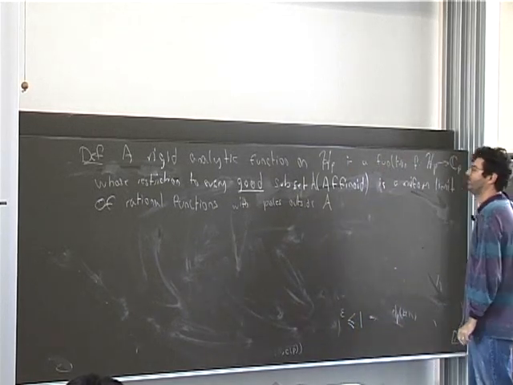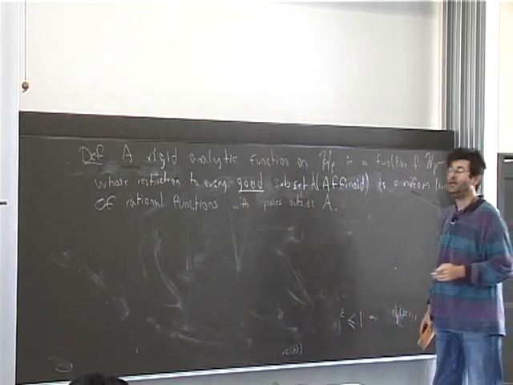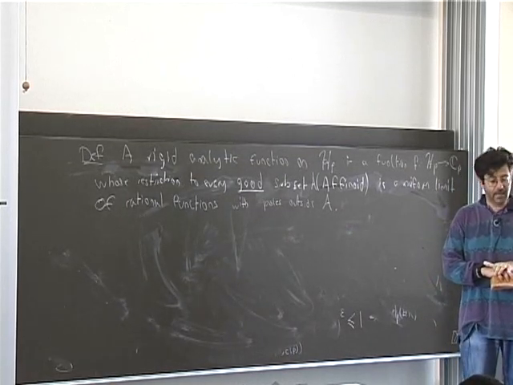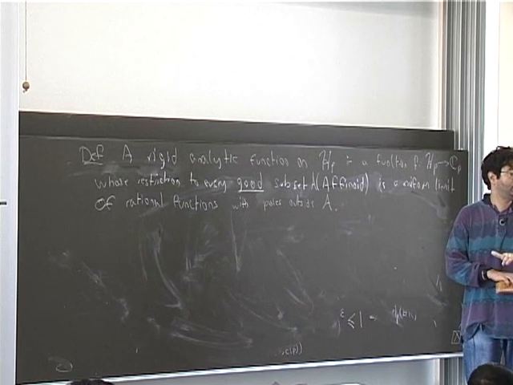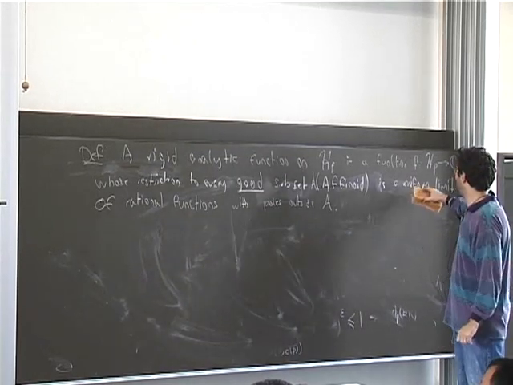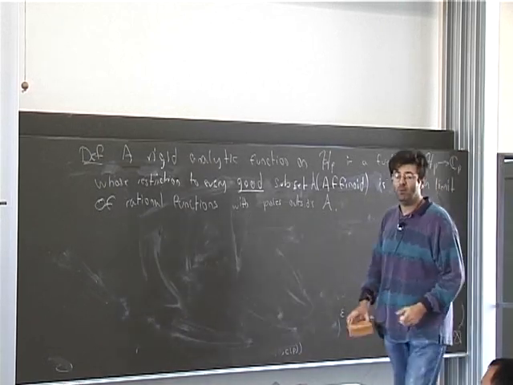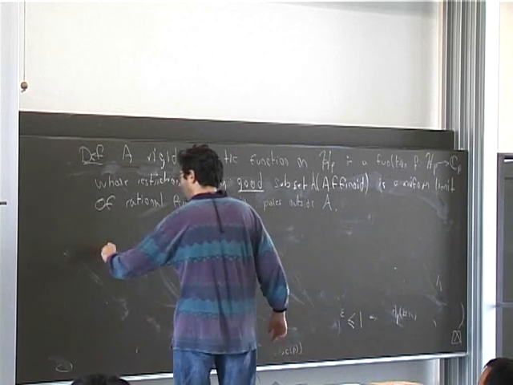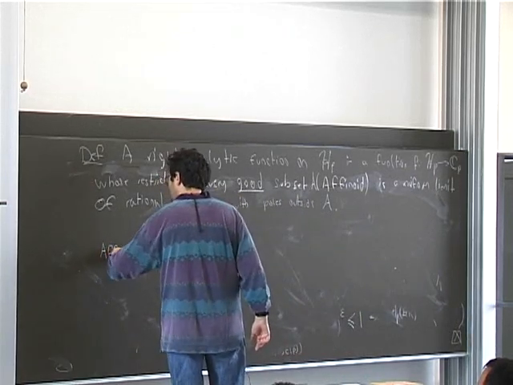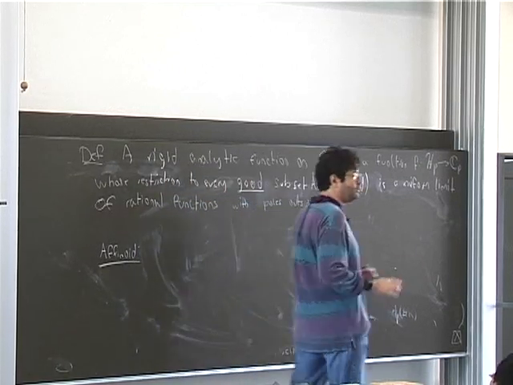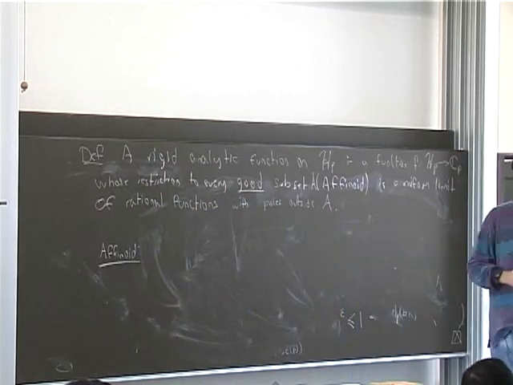So what do I mean by uniform? I just mean that there's a norm on the space of continuous functions on this affinoid, which is simply the sup norm, of course, in the P-adic topology, and you take uniform limits of rational functions. Now, what is an affinoid? A typical example of an affinoid is a subset of P^1(C_p) which is defined, so to speak, by closed conditions.